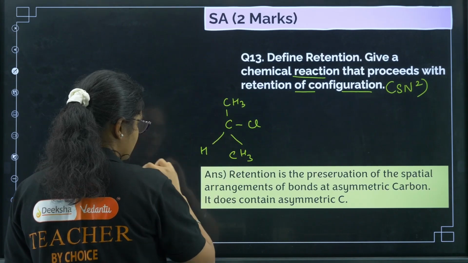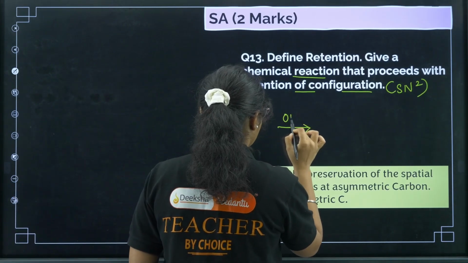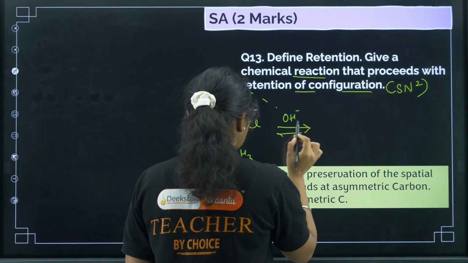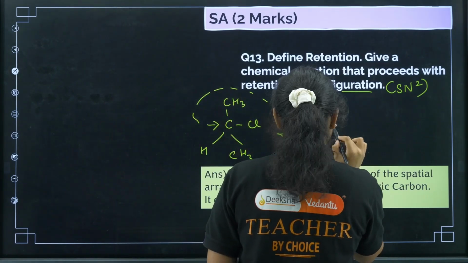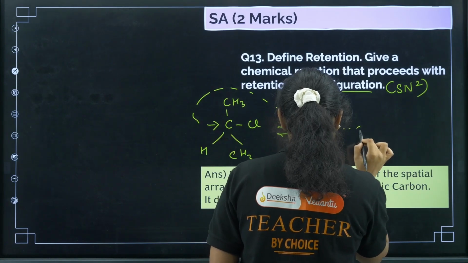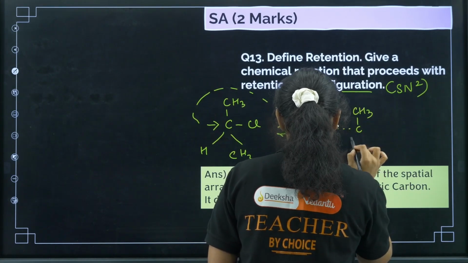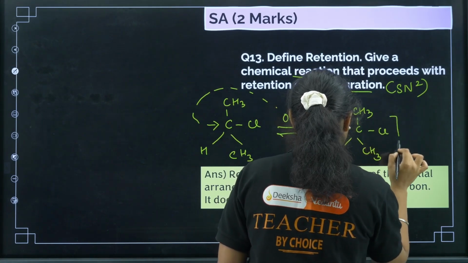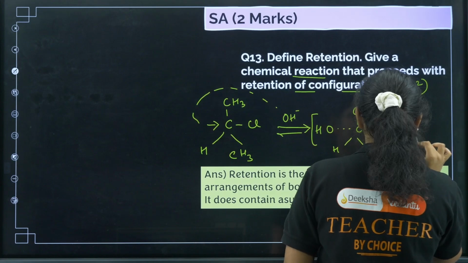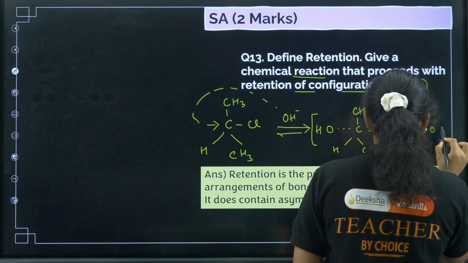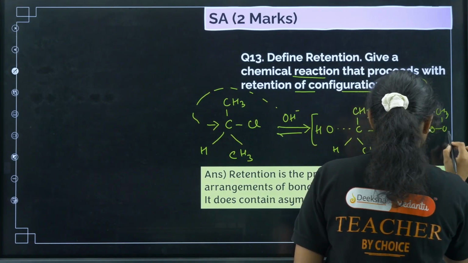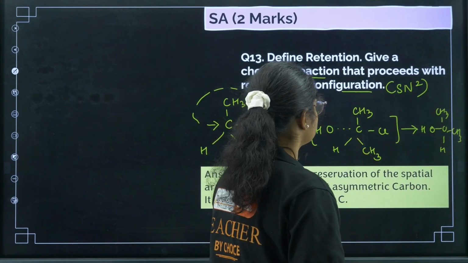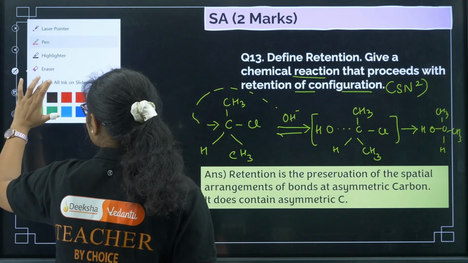Okay, so now if this reaction is happening like this, OH minus you are taking, and this one is attacking from this side, and we get a transition state here. So I'll draw it like this. CH3, we have H, we have CH3, we have Cl. Then if it reacts here, we will get OH on this side and CH3, CH and CH3, right? So here what happens? Okay, one second, sorry.